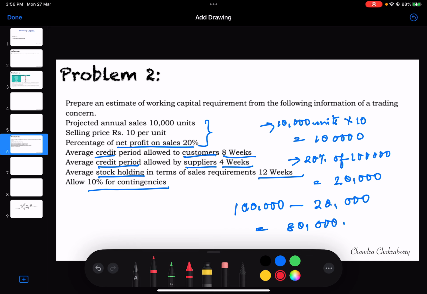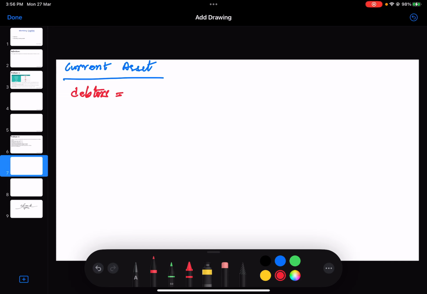Credit period allowed to the customers is 8 weeks. So 80,000 into 8 by 52. Okay. This will give you 12,307 approx.